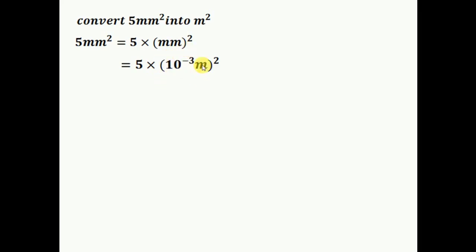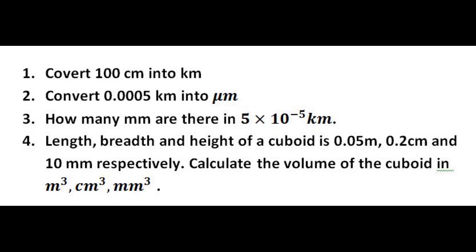Now I'll open this bracket. So this will be 10 to the power minus 3 whole square. That means I'll multiply the power and meter square. So now this is 10 to the power minus 6 meter square. So 5 millimeter square is 5 into 10 to the power minus 6 meter square. So this is the conversion. Now you can try these questions, and this is the similar question that we have done before.